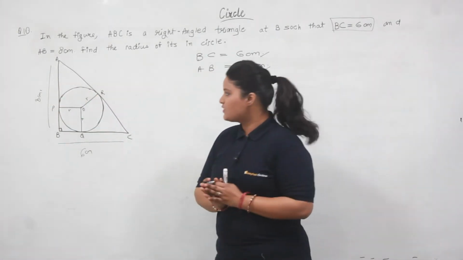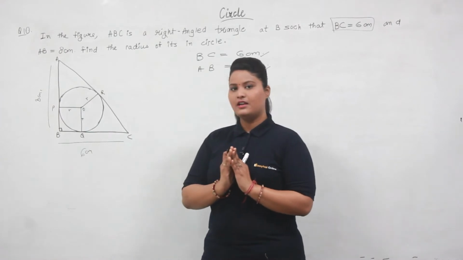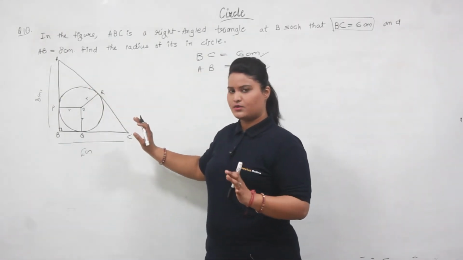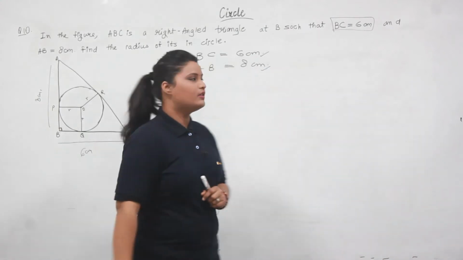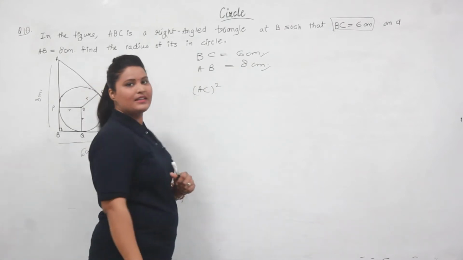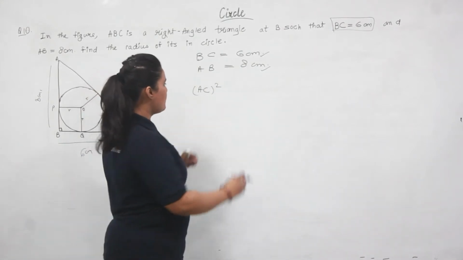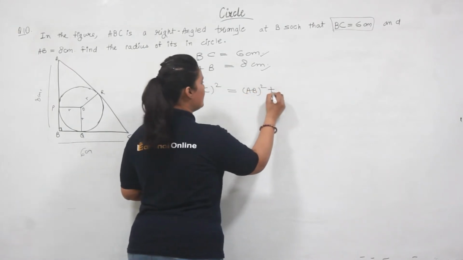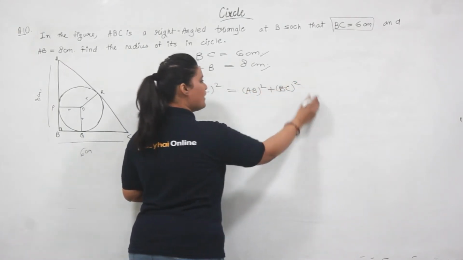First of all we will find the length of the hypotenuse because it is the easiest task to do. So let's find the length of AC. Here, using Pythagoras theorem, AC square is equal to AB square plus BC square.